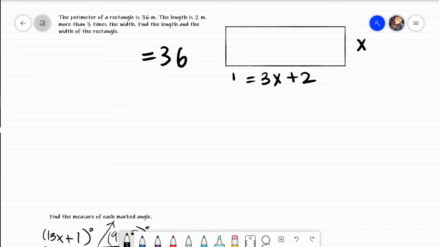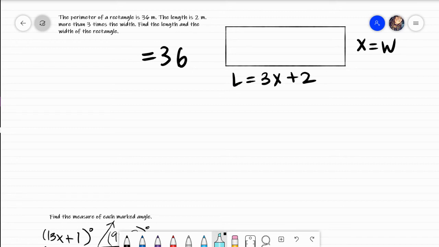Let's let this equal my L. That equals my W, right? Now see if you can follow along with this. It says the length is 2 meters more than 3 times the width. Does that make sense? Okay, so again, perimeter is going to be the sum of these sides.